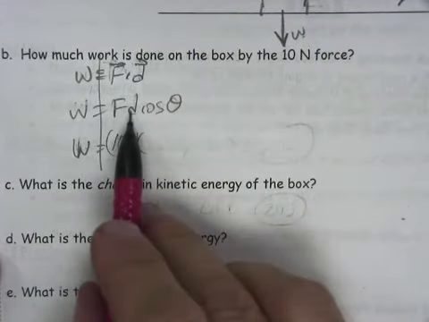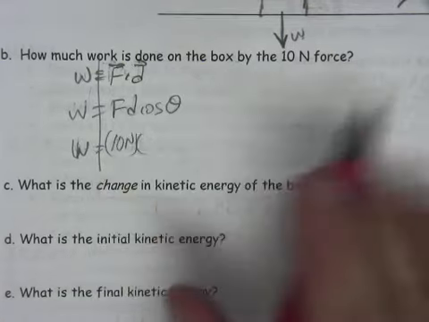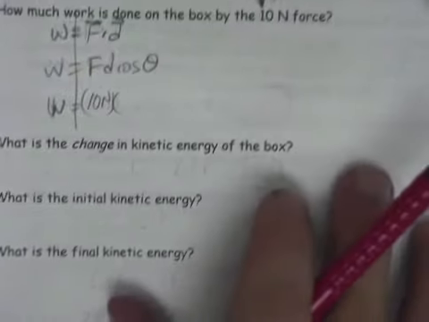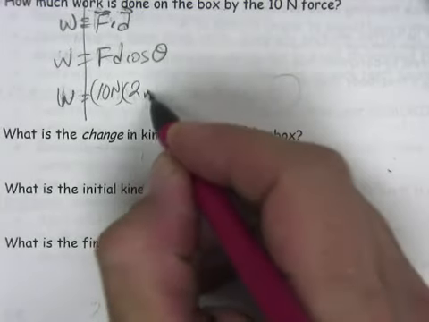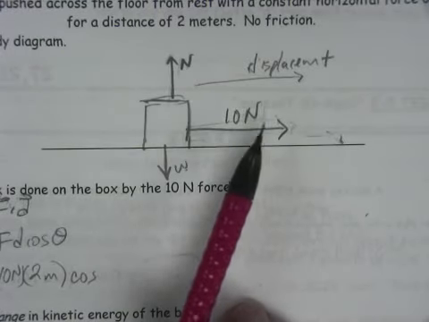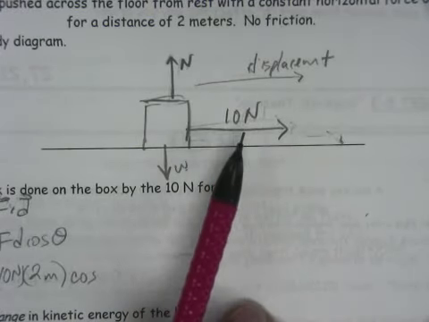And then I want this D. This D is going to be basically how far it moves. And if we go back up here, that's 2 meters. And then cosine of, now we got to do this angle. So here's the force, and there's the movement, and the angle between those two is going to be 0.